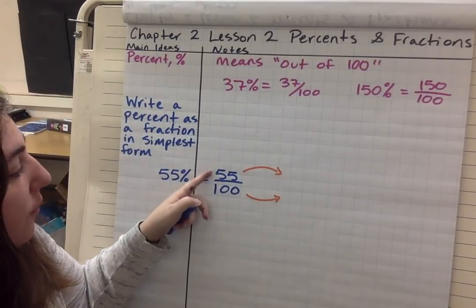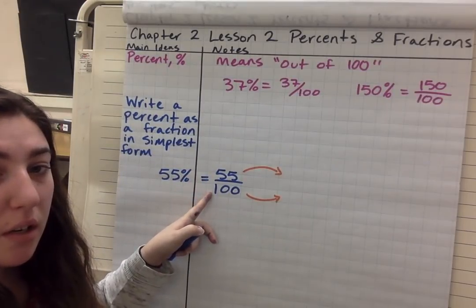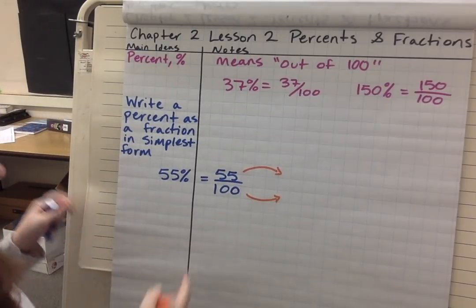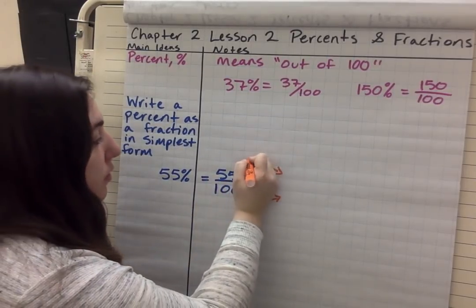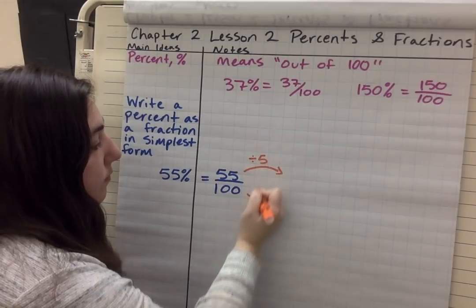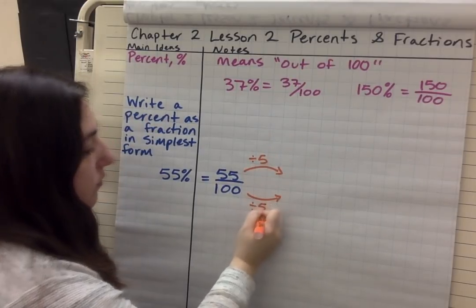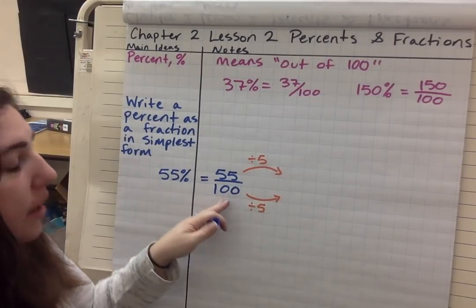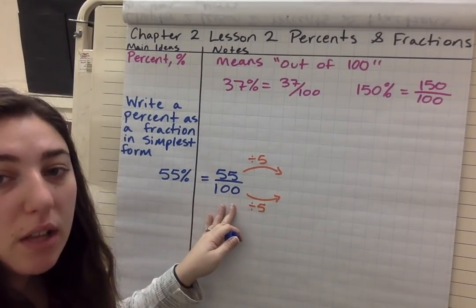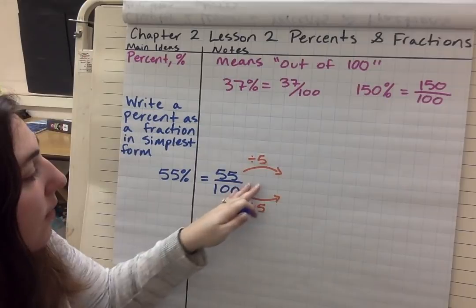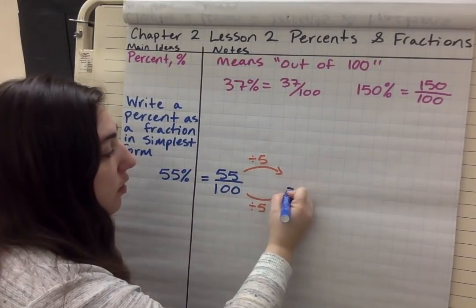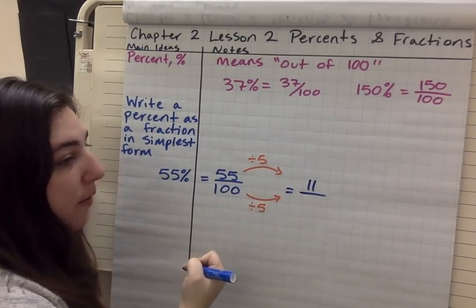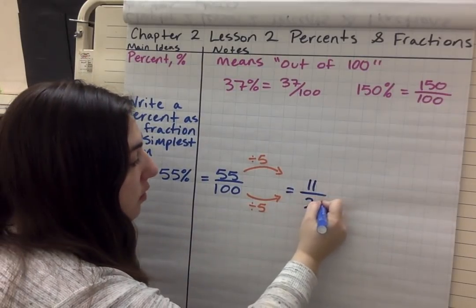So I notice that 55 and 100, they both have the factor 5 in common. Okay, so I'm going to divide both by 5. And feel free to use a calculator if you need one. So 55 divided by 5 is going to be 11, and 100 divided by 5 is going to be 20.